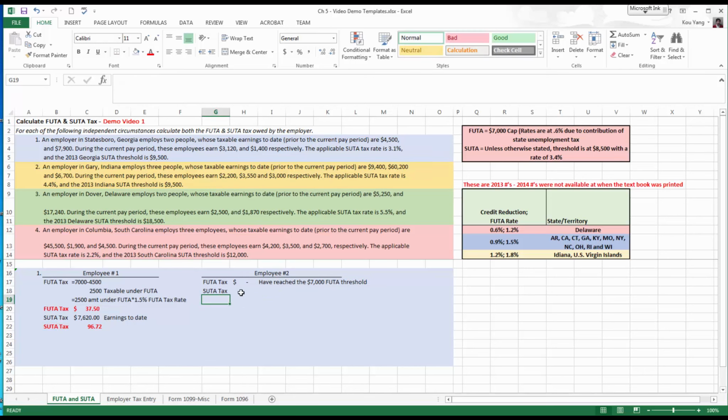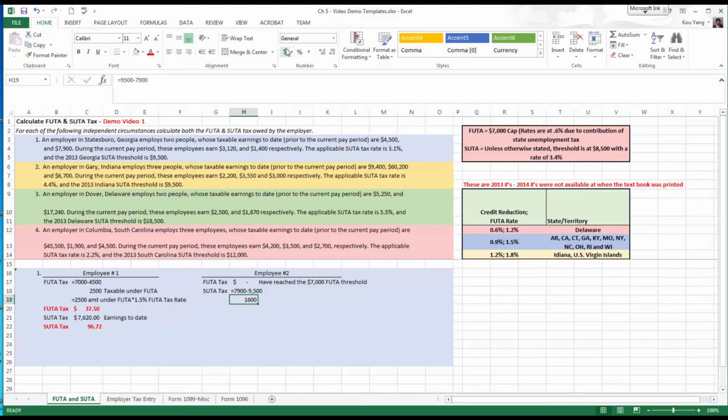For the SUTA tax, so far the person has made $7,900, and we subtract that from the $9,500 threshold.